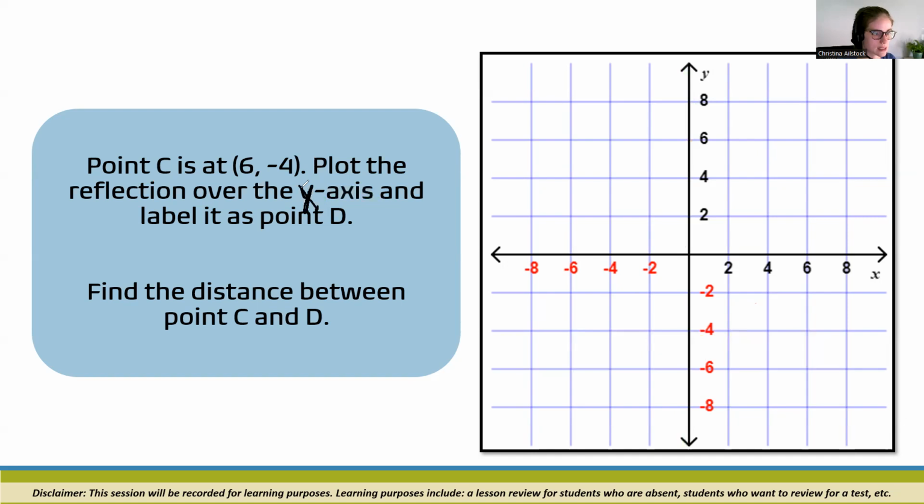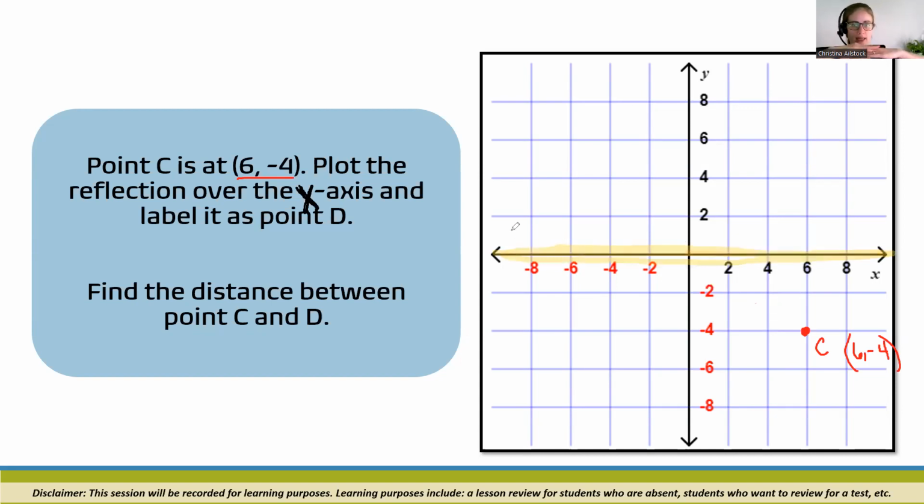the x-axis instead. So if we graph our point C here at +6, -4, but this time we're going to reflect it across the x-axis. Well, once again, if you're able to, I like to highlight that x-axis to make it a bit more obvious.